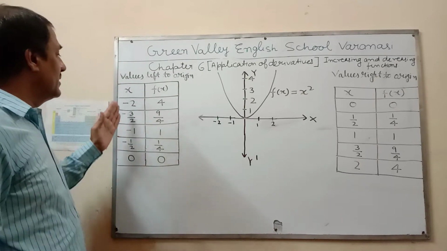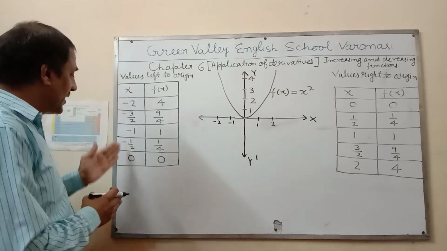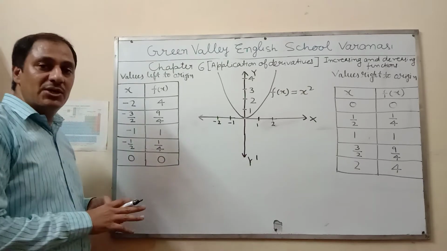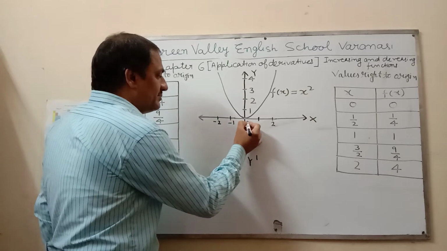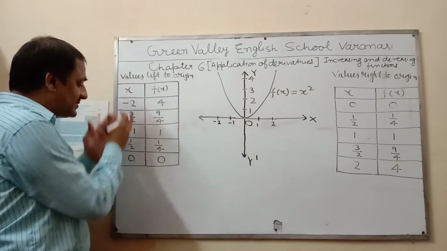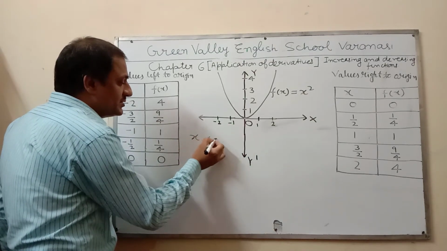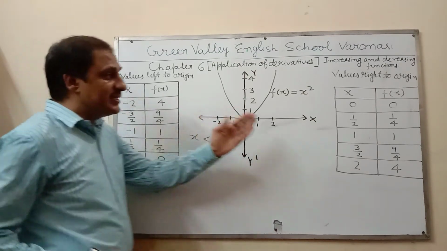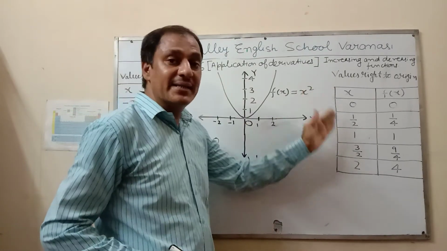In this table, all these values of x lie toward the left side of the origin. Here the value of x is less than 0, and in this table the value of x is greater than 0.